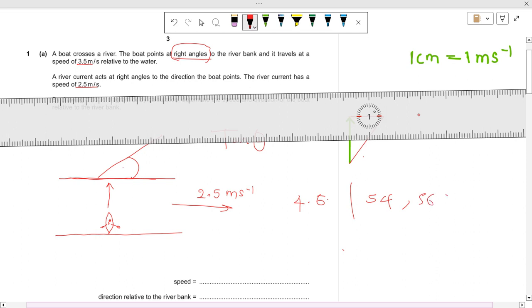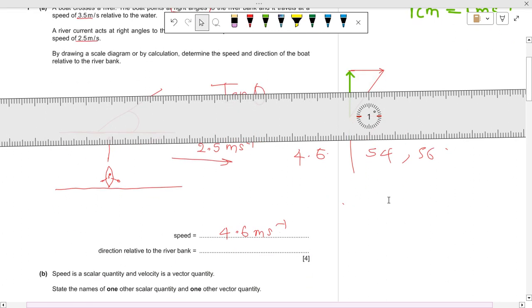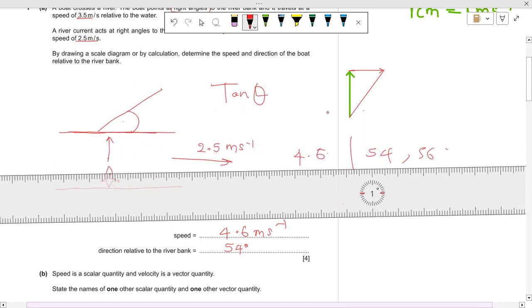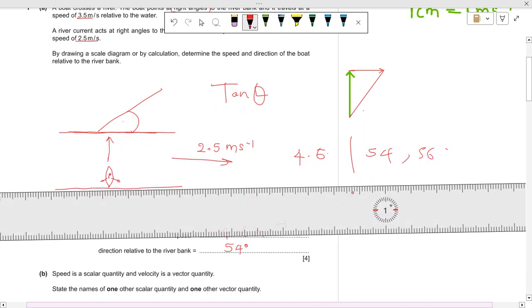So the speed is nearly 4.6 meters per second, and the direction relative to the river bank is nearly 54 degrees. You have to do accurate diagrams. I just wanted to show you the method.